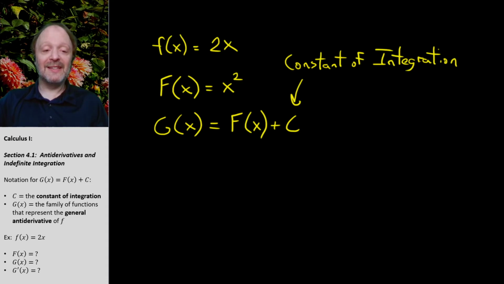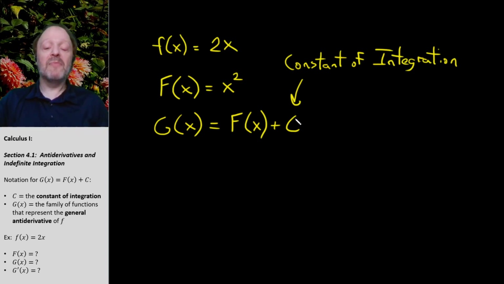So this g of x, when I say g of x is equal to capital F of x plus c, when I say that, it is locking down that this g can have any constant of integration, and it kind of pulls it into the family.